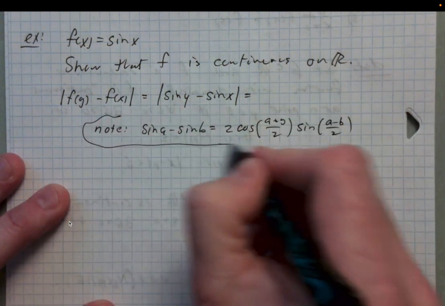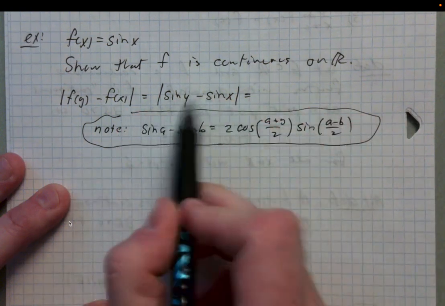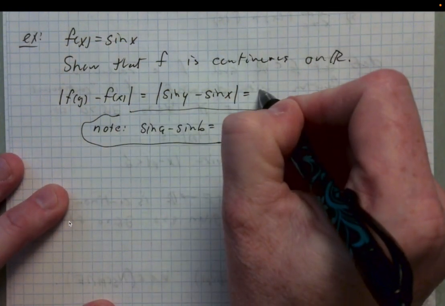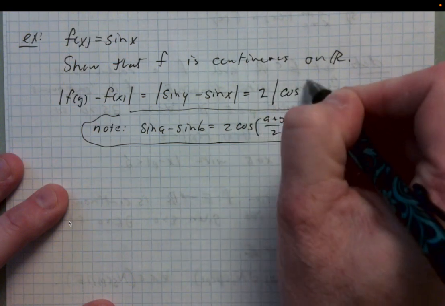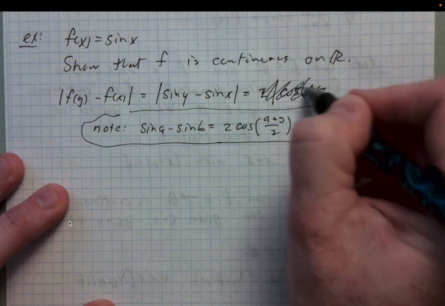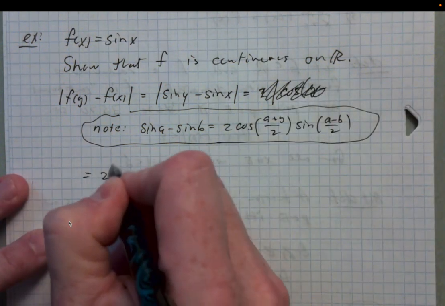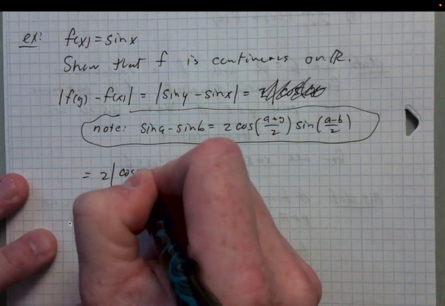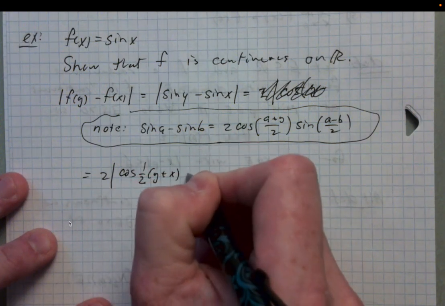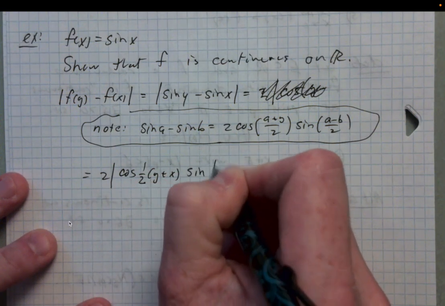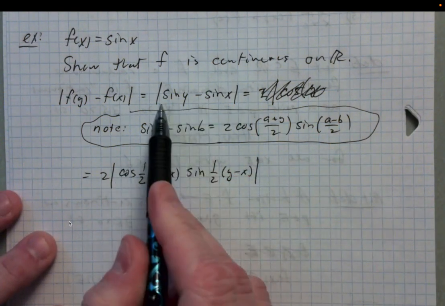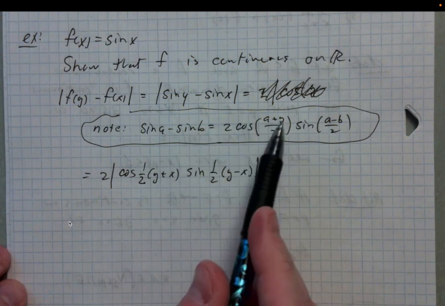So this is off to the side. And so that's what you have here, sine of y minus sine of x, so you can swap this in. And so this is equal to 2 times the cosine of 1/2 (y plus x) times the sine of 1/2 (y minus x). Okay, so sine y minus sine x is equal to this, and this is the identity that I'm using.